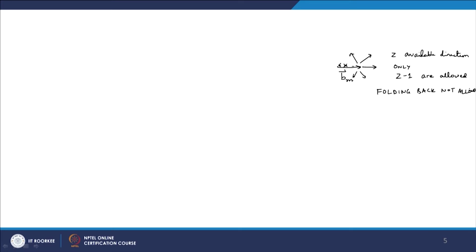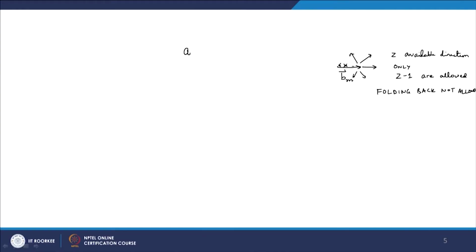Okay. So, let us see what happens in this particular case. Now if I represent by A i the available directions, including the one that folds back onto the previous step, and I sum over that A i, this must be equal to 0, because if I account for all the directions, then for every direction the opposite direction is equally probable.